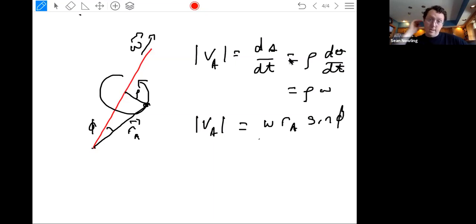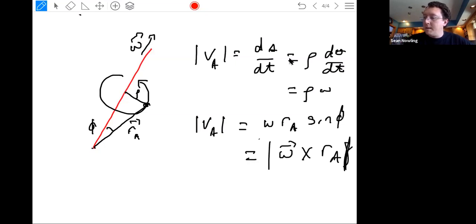Okay, so that's good. That's kind of nice because then that lets me at least say that this equals the magnitude of omega cross RA. But that still doesn't let me know whether it's omega cross RA or RA cross omega.